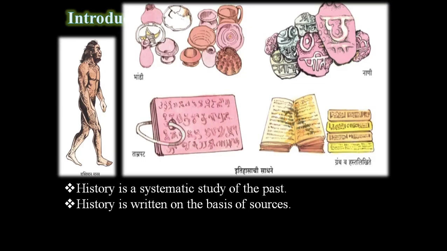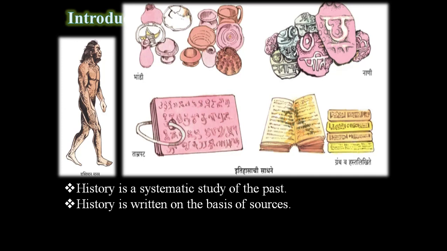Let's come to the introduction for the lesson sources. You are aware of what is the meaning of history. History is a systematic study of the past. And even from the 6th standard onwards, you get the information, the meaning of history. History is written on the basis of sources.